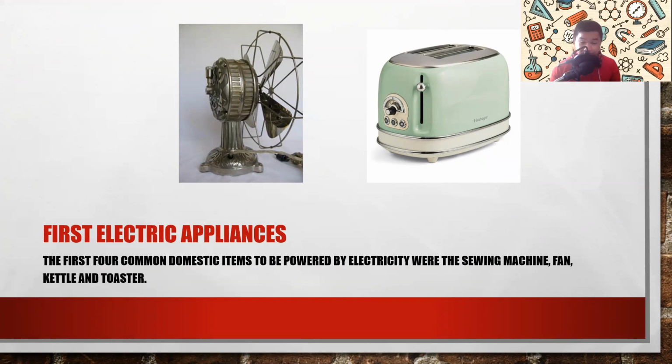Now, the sewing machine, if you haven't seen it, is how people before used to make clothes. Even until now, there are automatic sewing machines. And in the picture above, that is a picture of an old electric fan.